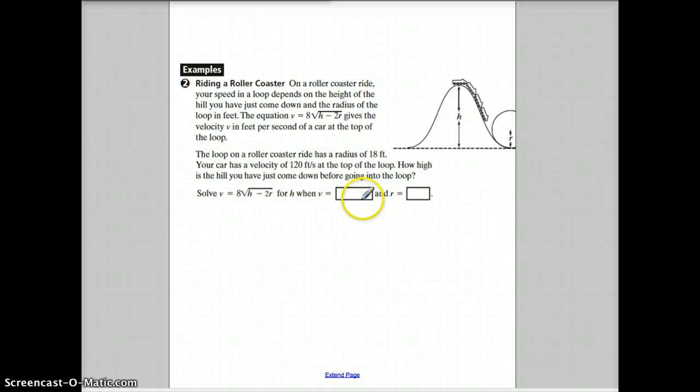So our car has a velocity of 120 feet per second at the top of the loop, and we know that the radius of our roller coaster is 18 feet. So we need to figure out how high the hill is in order to make sure that we get that velocity. So we can plug in 18 for r, and so we get h minus 36.